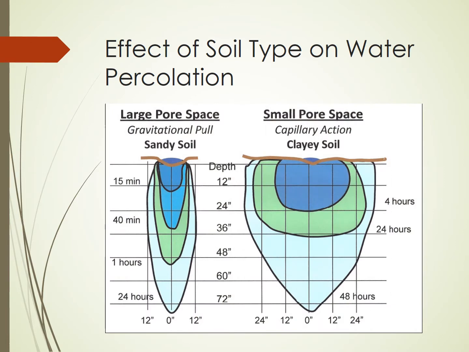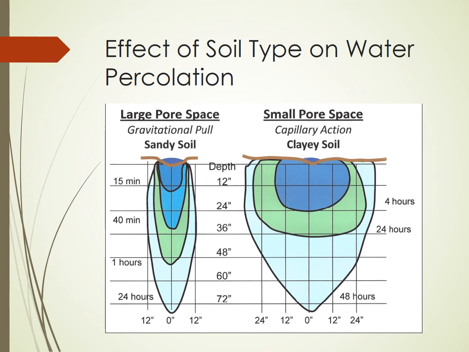This is an interesting diagram that shows how different soil types can affect water percolation. Water percolation refers to the movement of water through the soil profile relative to gravity, or gravitational pull.